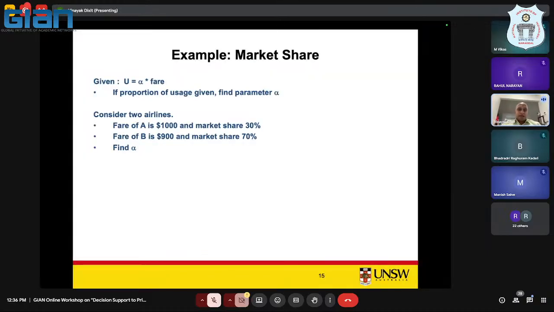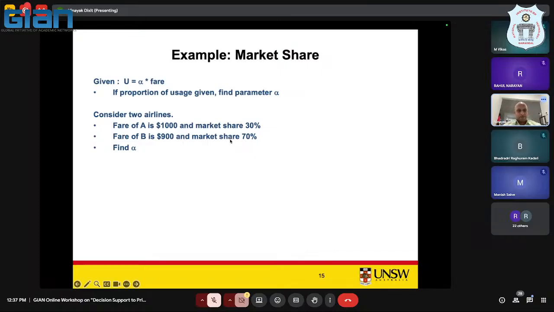So this is an example of market share. If utility of a particular airline is just alpha times fare, all right. So we know that if the fare of A is $1,000, then the market share is 30%. If the fare of B is $900, then the market share is 70%.